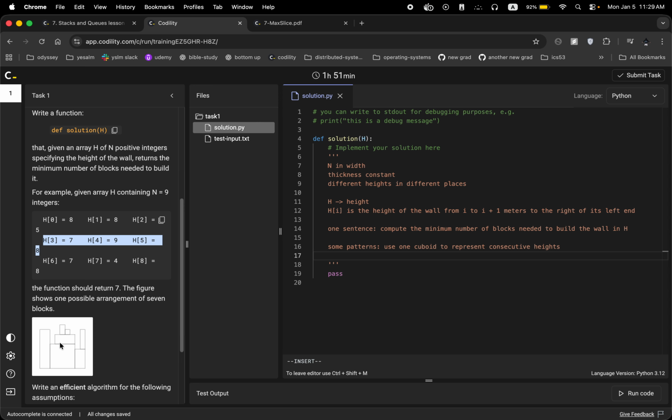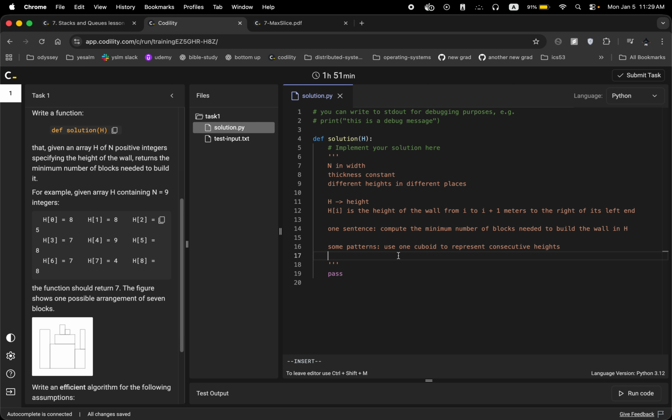So whenever we have an equal number, I think we can reuse it. In H2 we also have 5, and later on we have an 8 that can build off of this 5. We have 2 8s here. So how do we determine that we can reuse certain blocks?